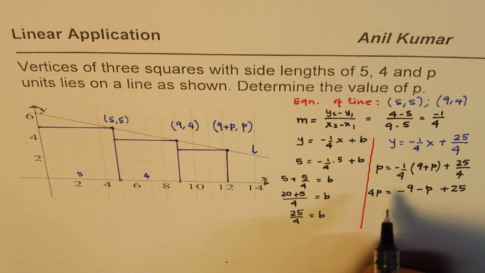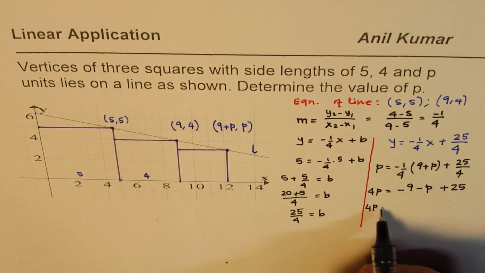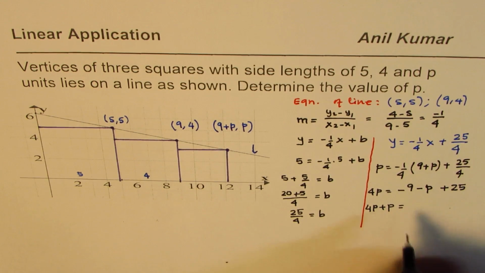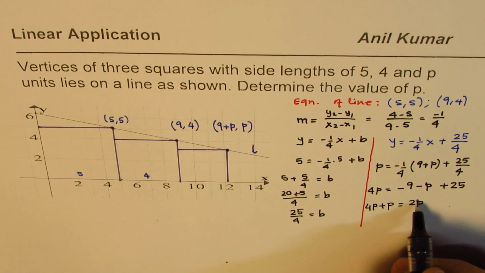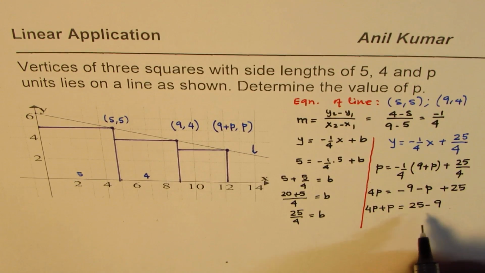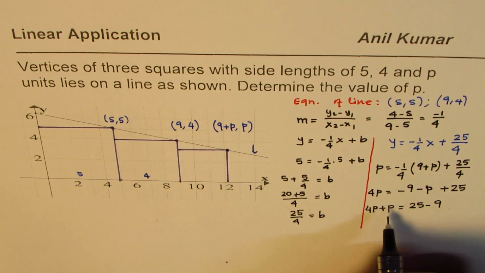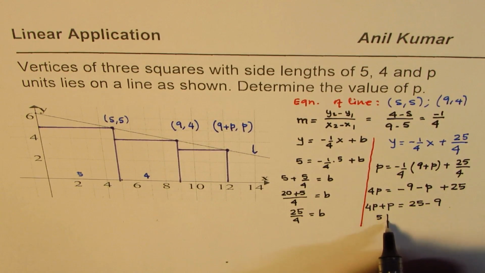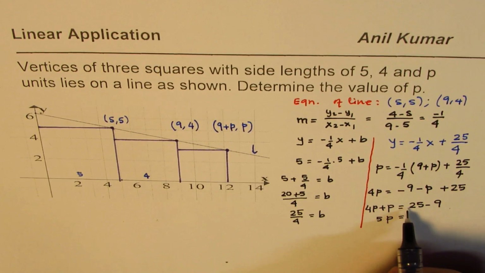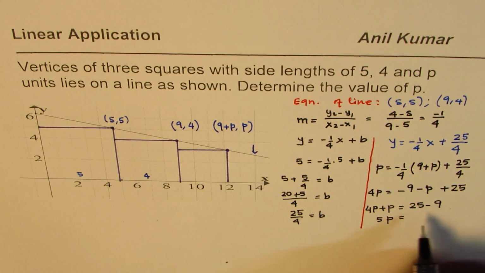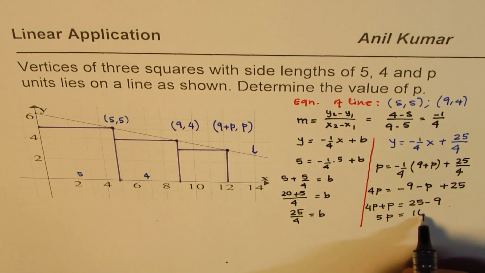Bringing minus p to the left gives us 4p plus p equals 25 minus 9. So 4p plus p is 5p, and 25 minus 9 is 16. 25 minus 10 is 15, plus 1, so we get 16.